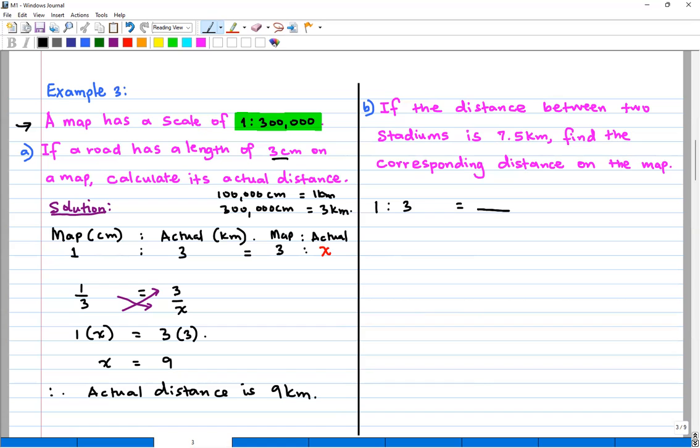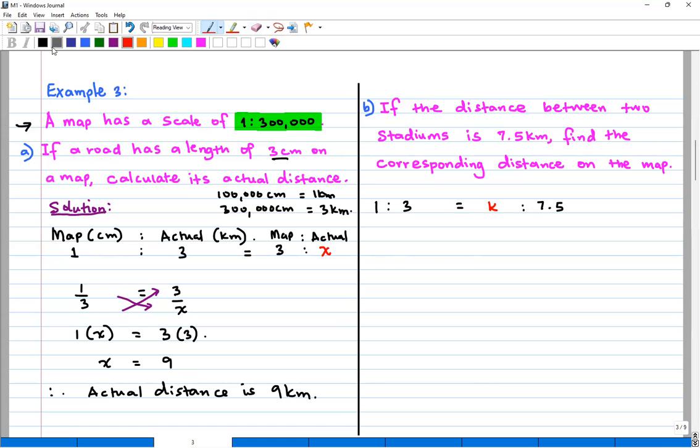Now, this is the distance on the map we don't know, and the actual distance is 7.5. We need to know the corresponding distance on the map. Let's call it any unknown. Let's say that it is K.